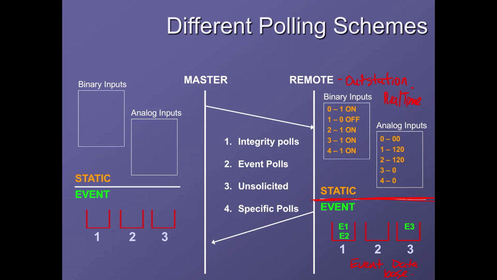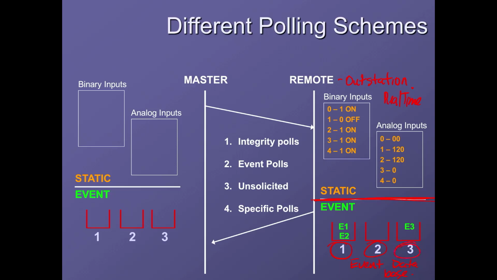Now, as it stands right now, you can see in our event database that includes class 1, 2, 3. In our class 1 event buffer, we have 2 events, event 1 and event 2. In class 2, we currently have no events. And class 3, we have an event categorized as E3 or event 3 here.